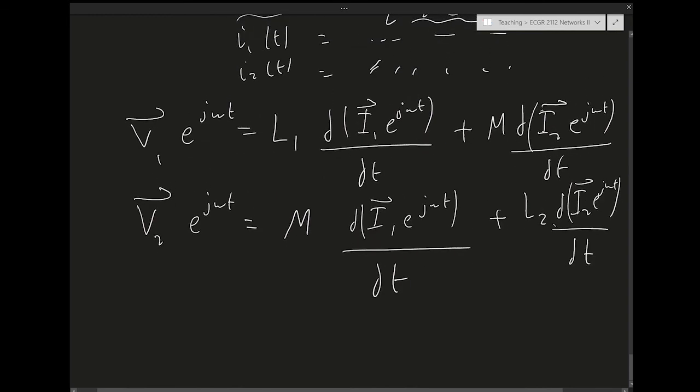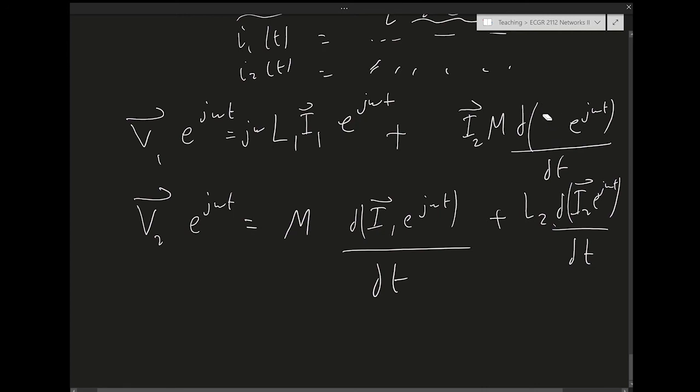Now I can do the differentiation easily. I can take I1 out, since the phasor is constant, and differentiate e^(jωt). I end up with jω e^(jωt). Plus I take I2 out, of course, and differentiate e^(jωt), ending up with jω e^(jωt).